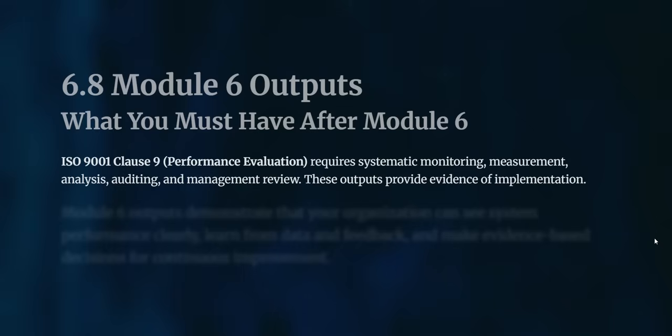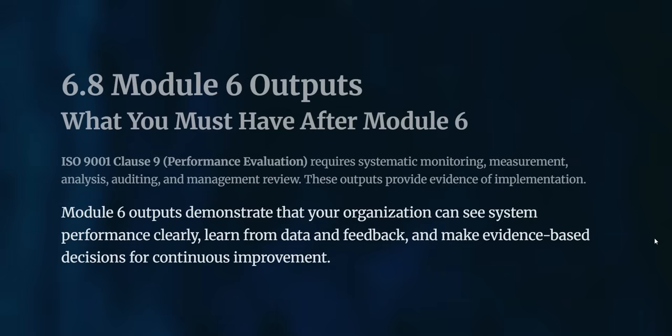The outputs that we are going to show you will provide the evidence of effective implementation. Module 6 outputs demonstrate that your organization can see system performance clearly, learn from data and feedback, and make evidence-based decisions for continuous improvement.